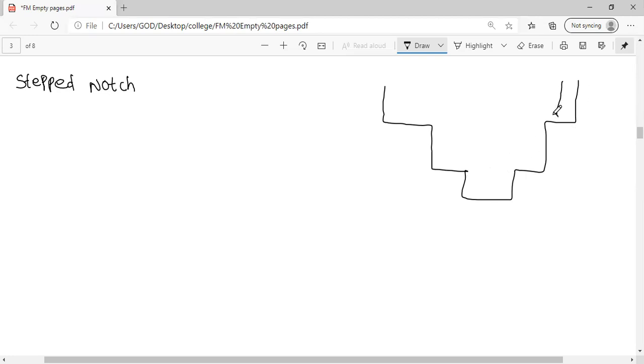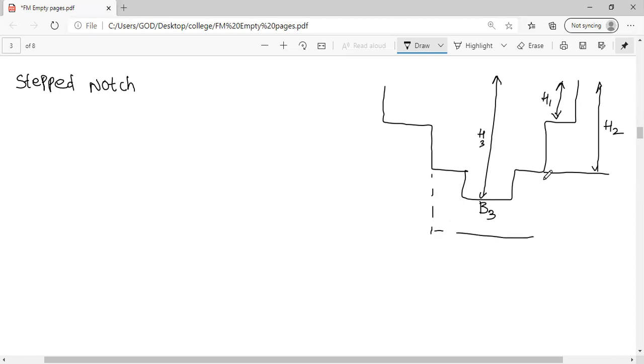Take the distance between these two heights as H1, the distance between these two heights as H2, and the distance between these two heights as H3, with corresponding breadths B3, B2 and B1.